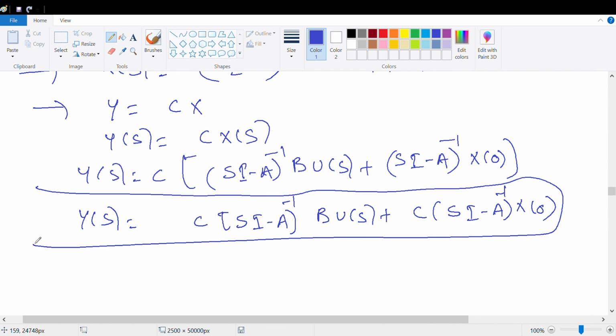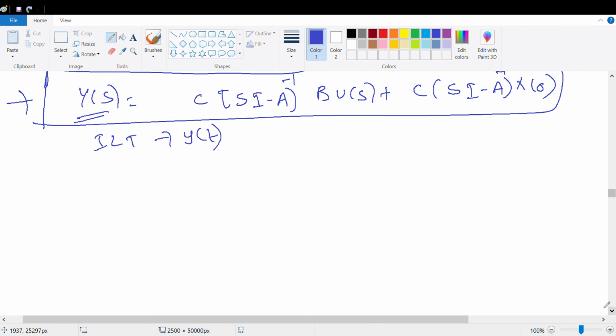We need to find this equation. You can directly write this equation, no need to derive it. We need to find this y of s. After that, we have to apply inverse Laplace transform to find y of t.